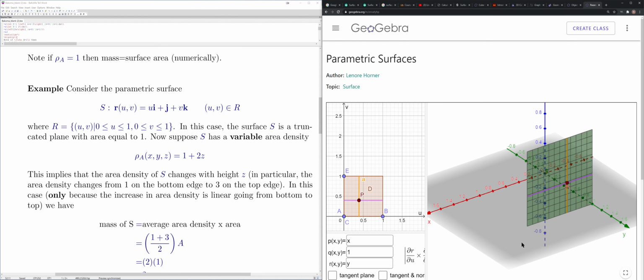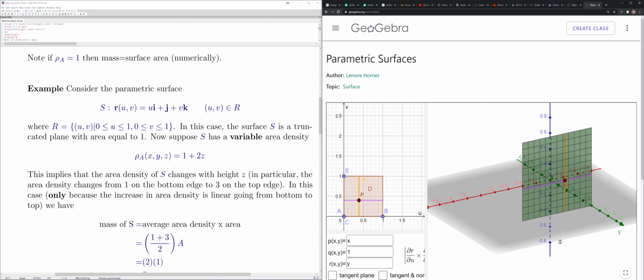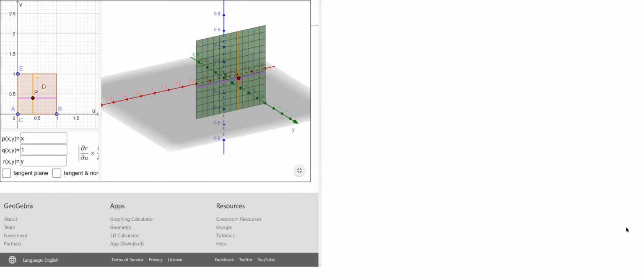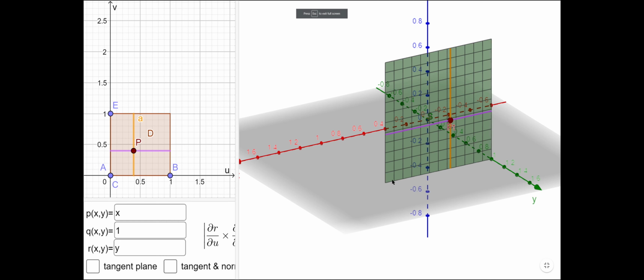So I said that on your bottom edge over here, the area density is equal to 1, and on your top edge, the area density is equal to 3.